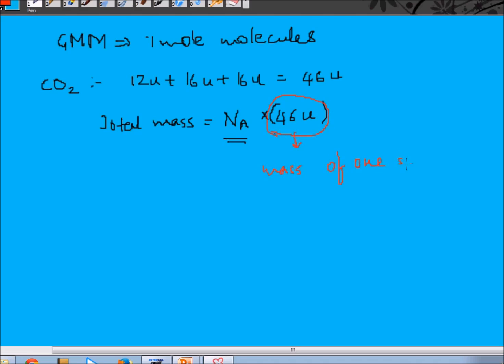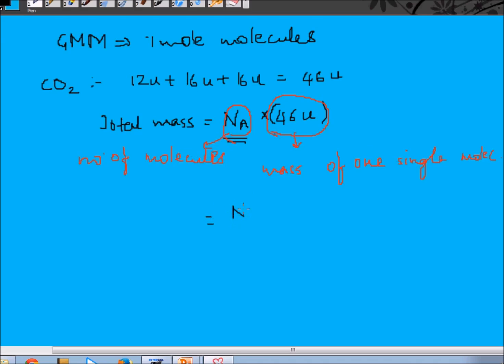I'm just writing single again to emphasize that it is the mass of one molecule, and Na is the total number of molecules for calculation of gram molecular mass.